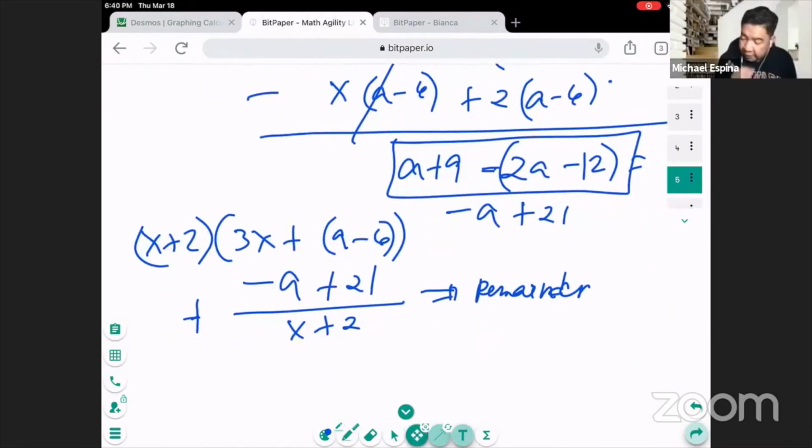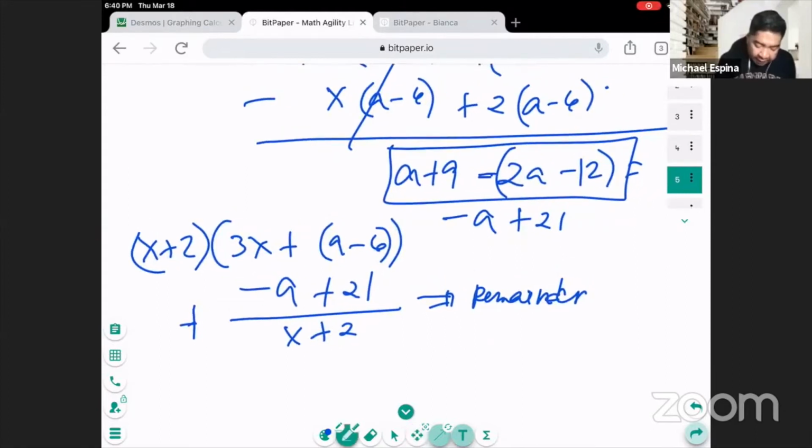So by the remainder theorem, to make it divisible by the factor x plus 2, which we wanted to know, we will equate this to 0. So negative a plus 21 over x plus 2 equals 0.